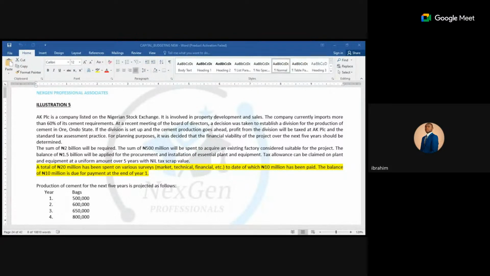The sum of 500 million will be spent to acquire an existing factory for the production of cement, which is relevant, and the balance of 1.5 billion, if you add the 500 million plus 1.5, you should have 2 billion, will be applied for the procurement and installation of essential plant and equipment.